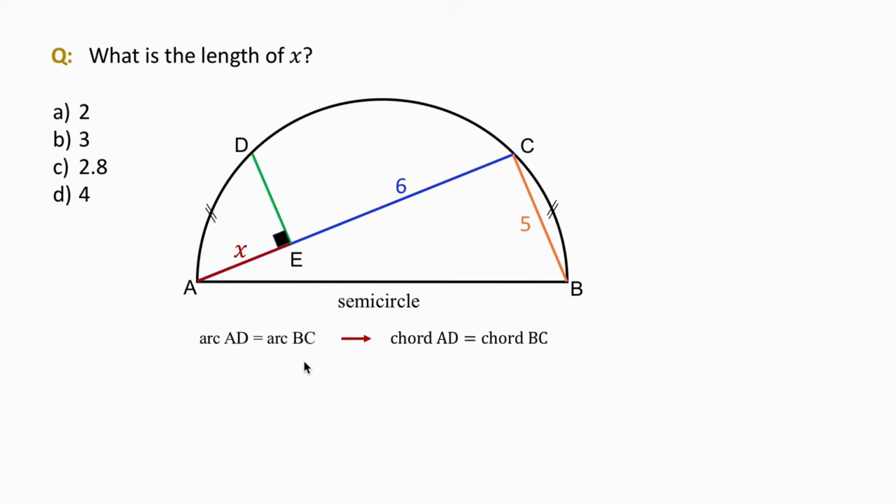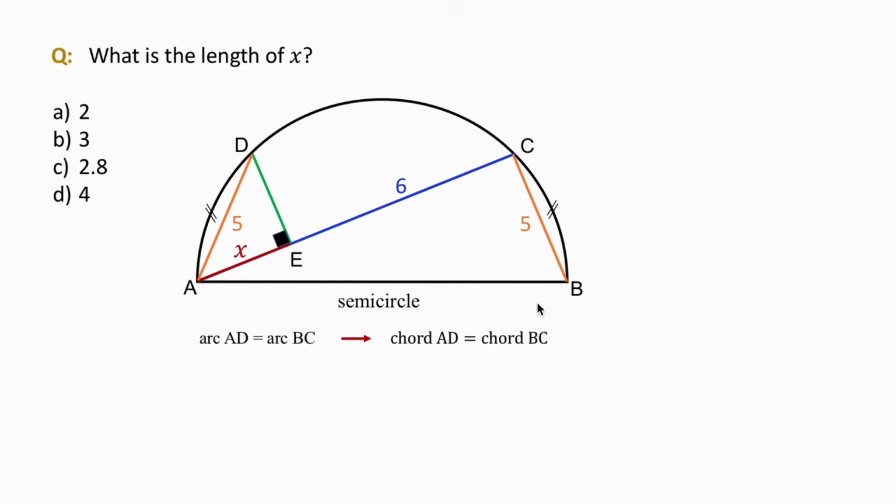Since arc AD is equal to arc BC, their corresponding chords must also be equal. So chord AD has the same length 5 as the chord BC. This tells us that C and D are positioned at the same height relative to the line AB.